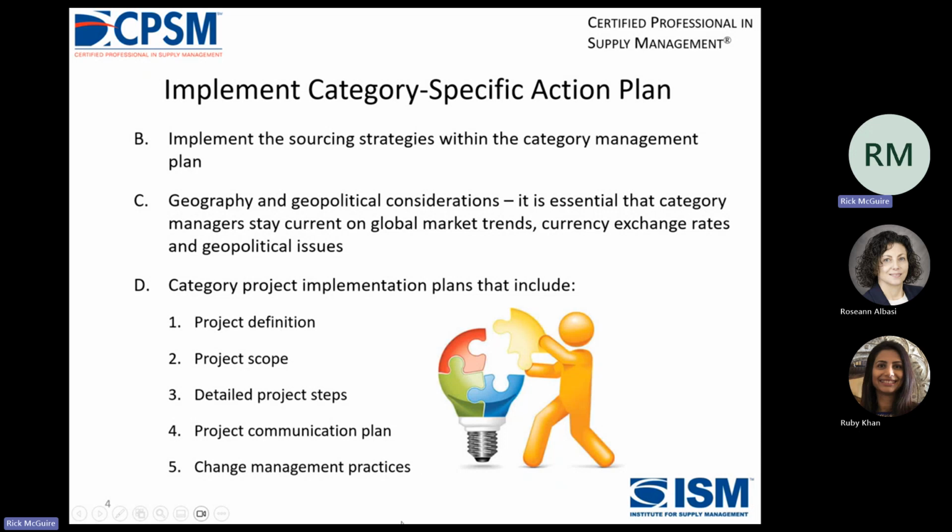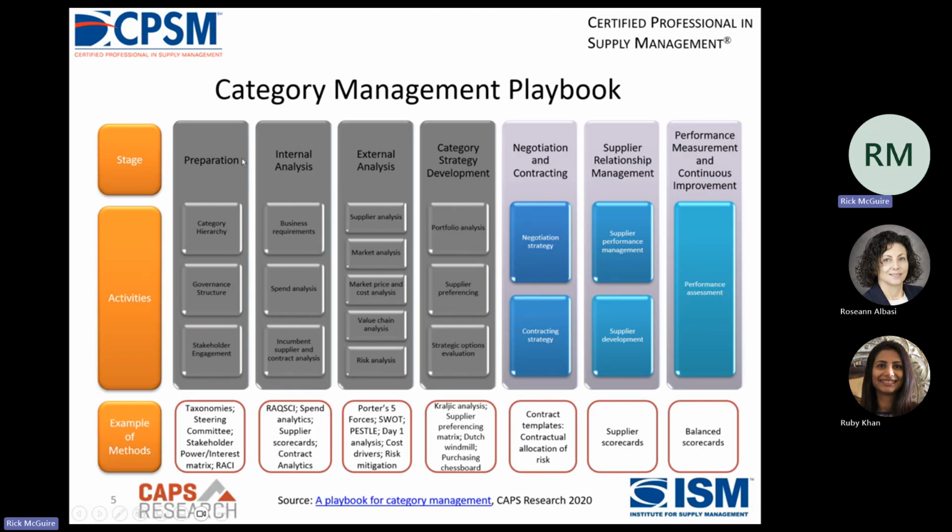And really, all you need for most purchasing projects is a definition, some steps and milestones. All the rest of this stuff, it'd be nice if you had it, but it's not that necessary.